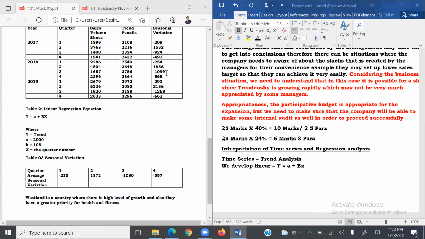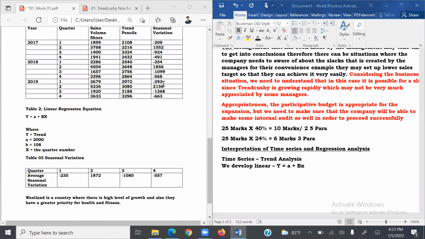Then 209, 254, and 293. They divide it by 2.